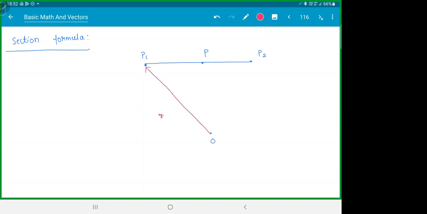Let's say this vector is R1 bar, this vector is RP bar, and this vector is R2 bar. And let's say the point P divides this in the ratio of M is to N. That is P1P by PP2 will be in the ratio of M is to N. M and N are some numbers there.